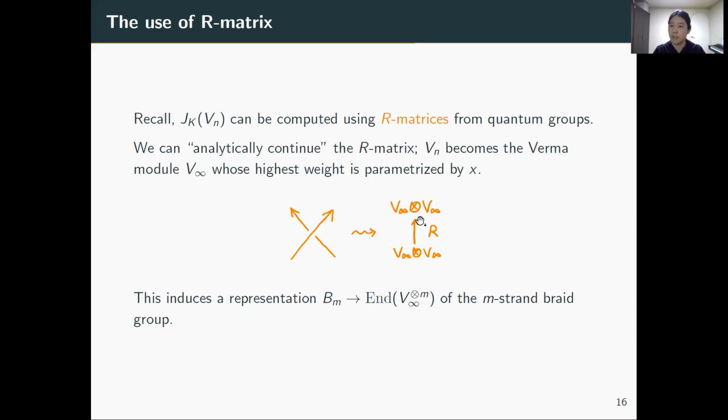Since R matrices satisfy the Yang-Baxter equations, this naturally induces a representation of the braid group with m strands into the endomorphisms of the mth tensor power of the Verma modules. So we get an infinite dimensional representation of the braid groups parameterized by x.